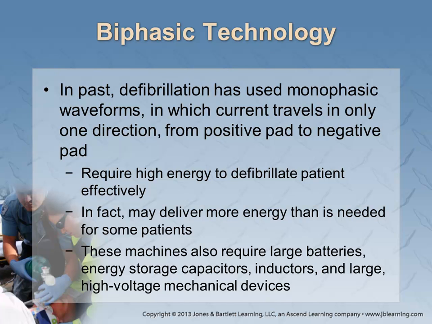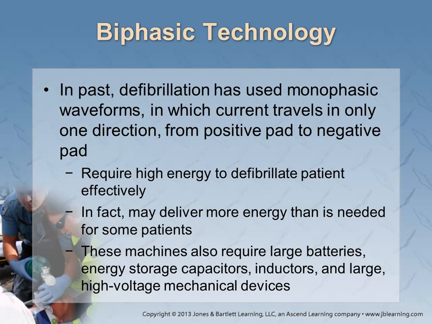Alright, biphasic technology. We just kind of talked about this. In the past, defibrillation has used monophasic waveforms, which only travel in one direction, from the positive to negative. The problem with these is that they required sometimes a lot more electricity to be shot through, but the heart may not have needed that much.